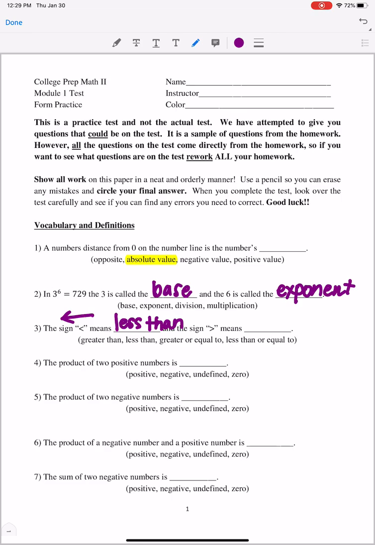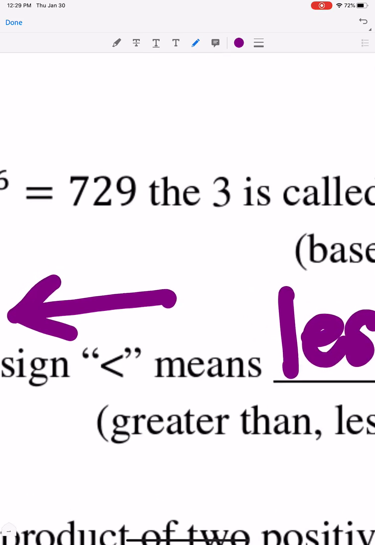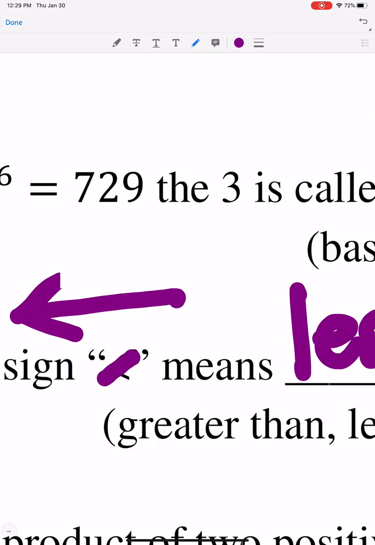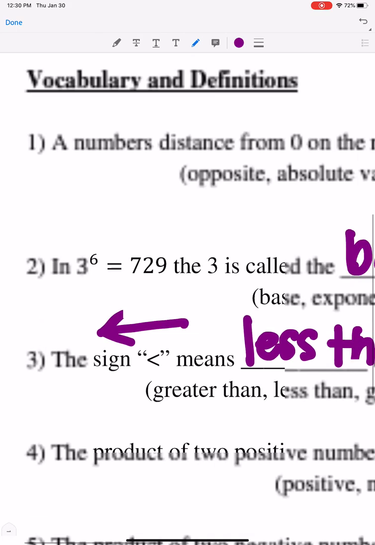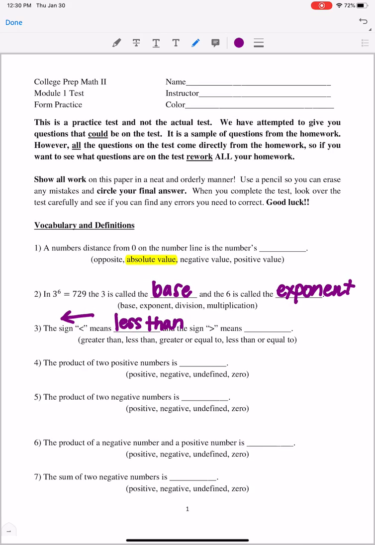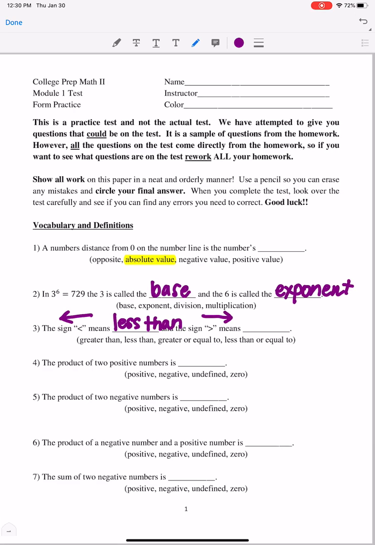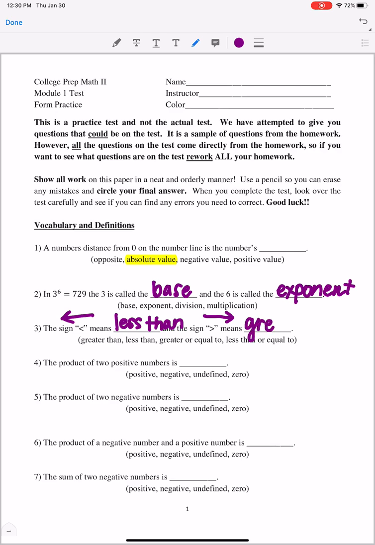It's hard for me to do here, but if you turn your page, this almost makes an L right there, and that's another way to help you memorize it. And then this one here is pointing to all of those positive numbers, so this means greater than.